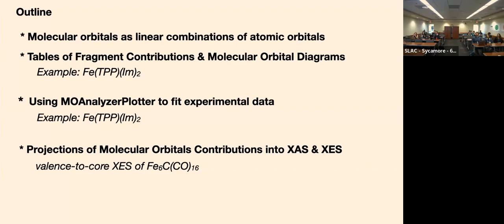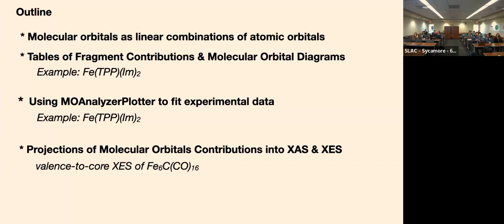I'm going to present some of the features first, like a quick exploration of the tools. And then I'll use one that is not in the tutorials, that I developed just after the original tutorial for the program. I would like to explain a few things about the MOAnalyzer plot, to be able to compare directly with the experiment, which is quite useful.